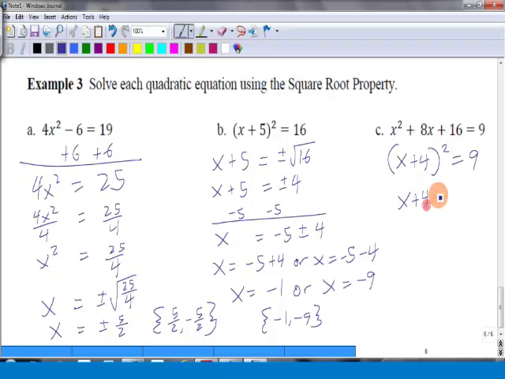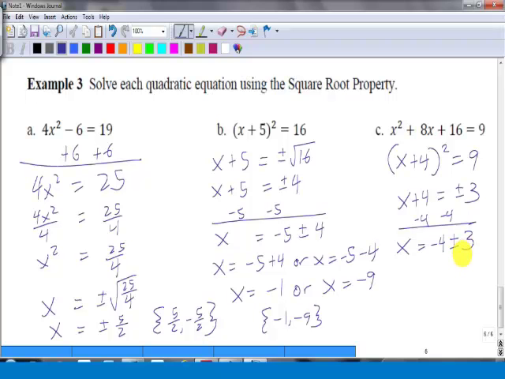Well, x plus 4 could be either 3 or negative 3. Applying the square root property of equations, x plus 4 is going to be 3 or negative 3. If we subtract 4 from both sides, x would be negative 4 plus or minus 3.